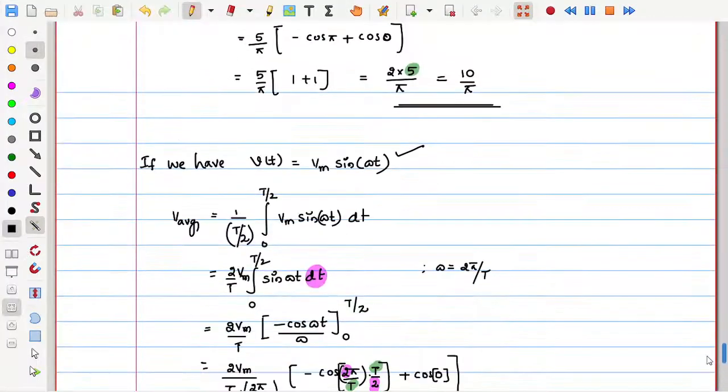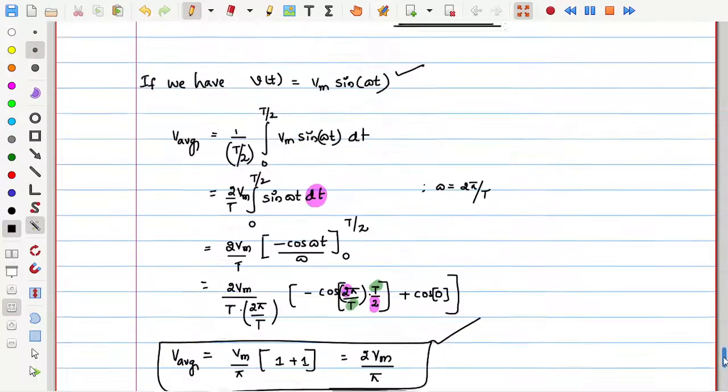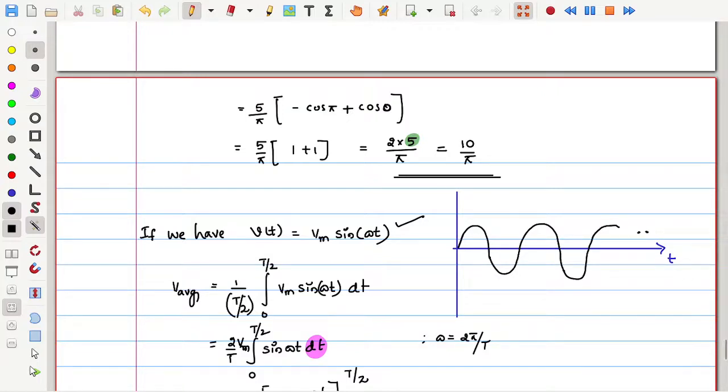In that way, one can evaluate the average values and RMS values for sinusoidal waveforms also. I had taken a generalized waveform here, so V is equal to Vm sin omega t. How does it look? It looks like this. This is the time axis, and this is the waveform, and so on. It will continue.